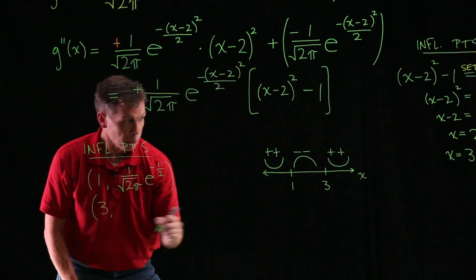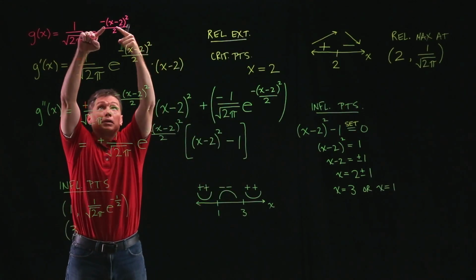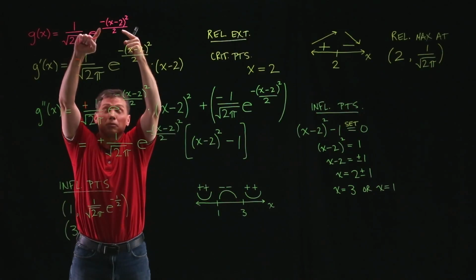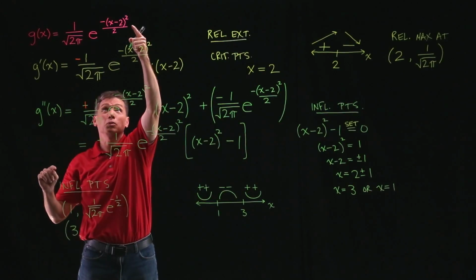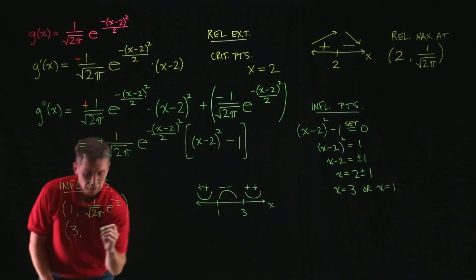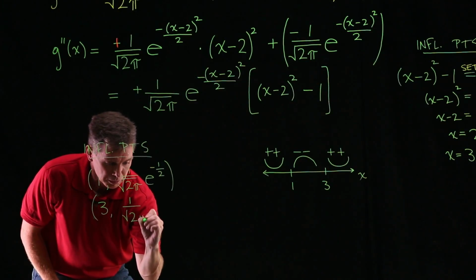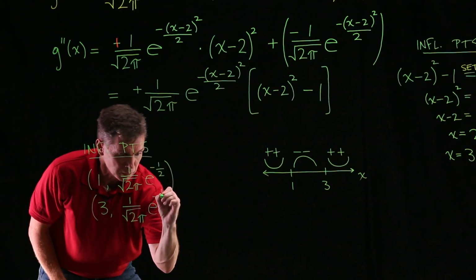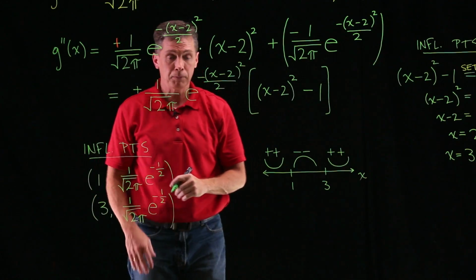Close the ordered pair. My second y value, I'm plugging in a 3. 3 minus 2 is 1, squared is 1, but there's a minus in front. It ends up looking exactly the same as the y value we just calculated: e raised to the minus 1/2. Close that ordered pair.